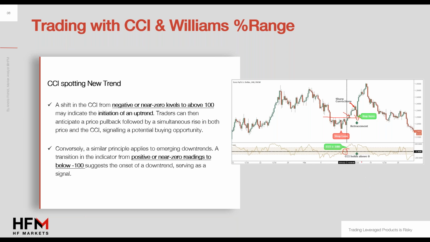So the CCI retracement in combination with the price action retracement was another buying signal, because it indicated that this uptrend has not run out of steam. It was just a correction and it could extend further to the upside.